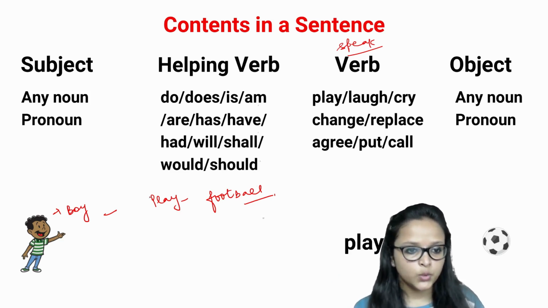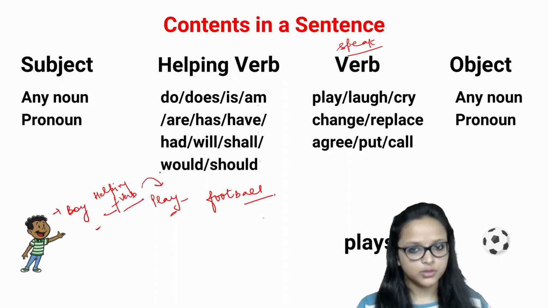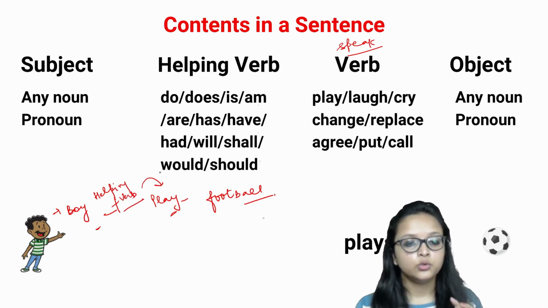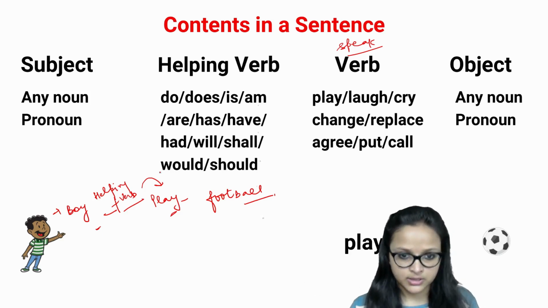So somewhere in between subject and verb, we place our helping verbs. Helping verbs help verbs to complete a sentence. Is, am, are, do, does, will, shall, would, should, may, might. All these are helping verbs or modal auxiliaries.